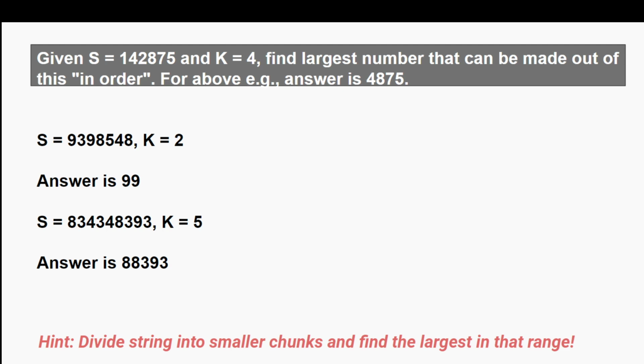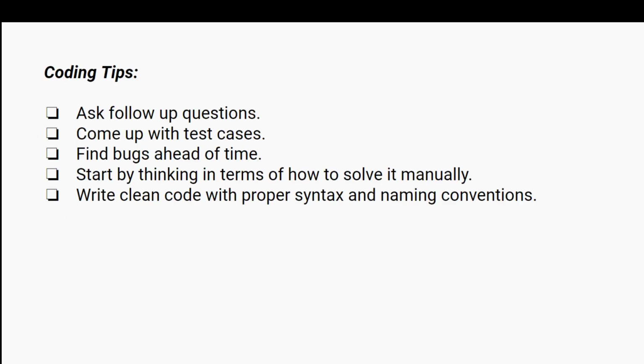We pick the first 2, so 5 minus 2 is 3, and the remaining is 393. So we don't have any other option. We just have to take that 393. And so that will form the answer as 88393. And I would still highly recommend going through this problem again, coming up with some potentially great solution.